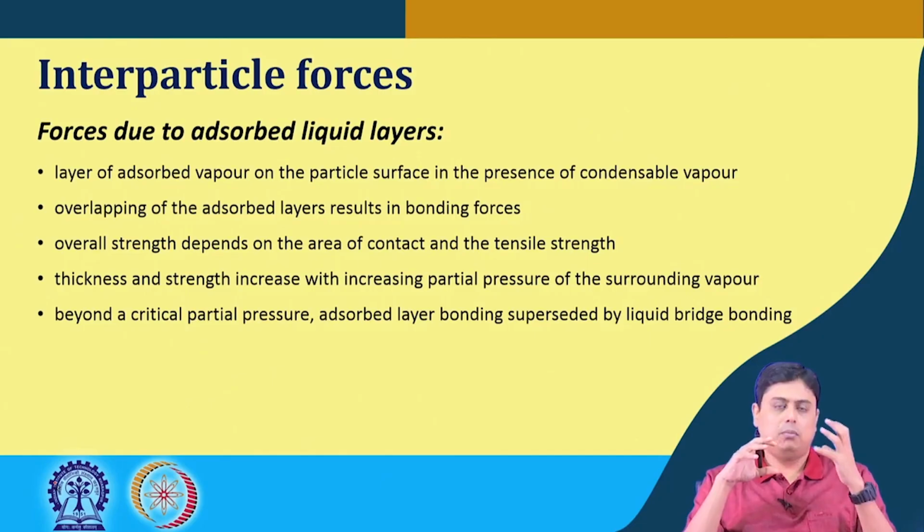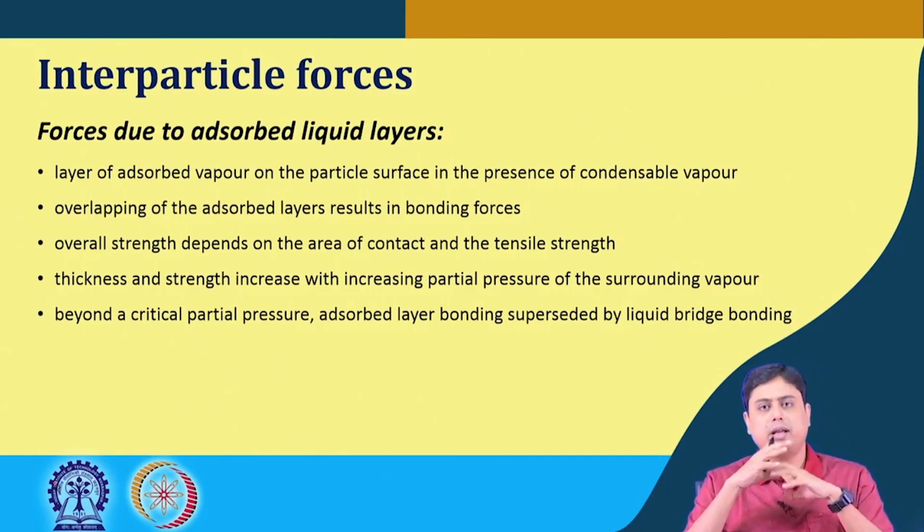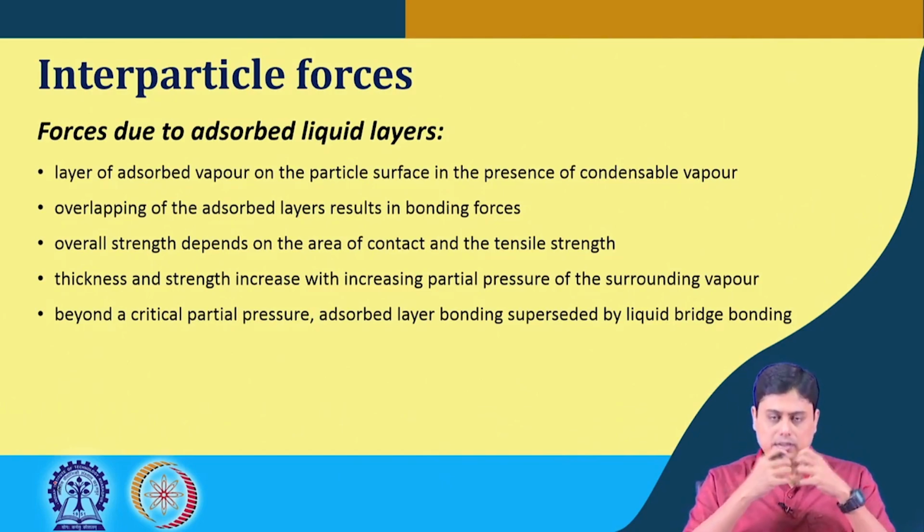So if we have a bunch of particles surrounded by condensable vapor, the particle surface adsorbs that vapor and results in an adsorbed layer of that liquid, and this results in a bonding force, because if these particles are in contact, this adsorbed layer basically forms a bridge between the two.